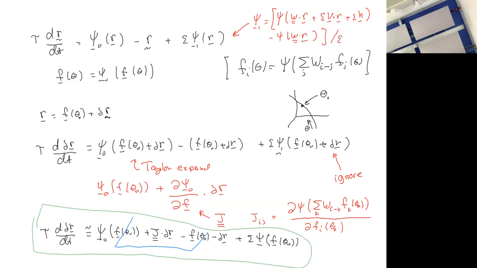So it's the difference between our perturbed function and our unperturbed function, divided by epsilon.